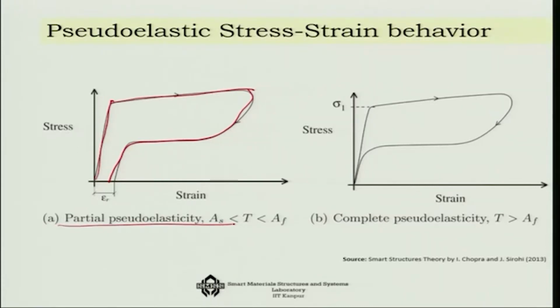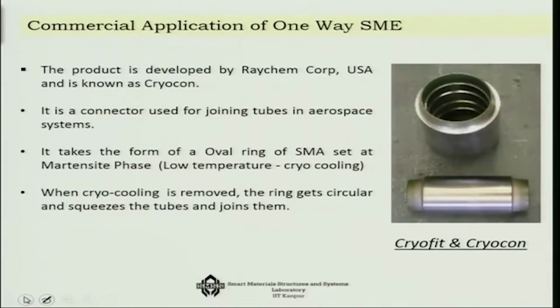The difference between the two is that for complete pseudoelasticity, you start from 0 and then you can come back to the 0 strain level almost itself. If the temperature remains between AS and AF, then you get partial pseudoelasticity. If the temperature is greater than AF, then you get complete pseudoelasticity in the system.